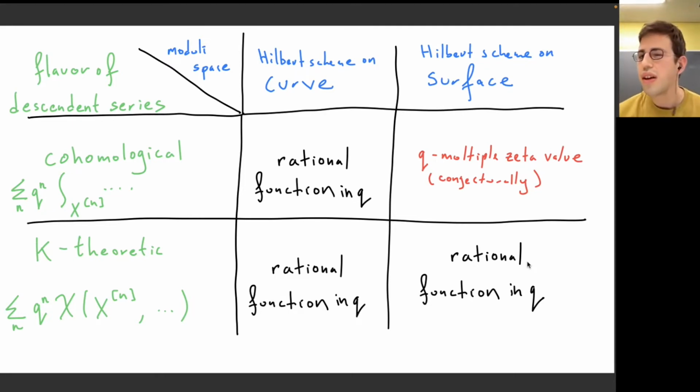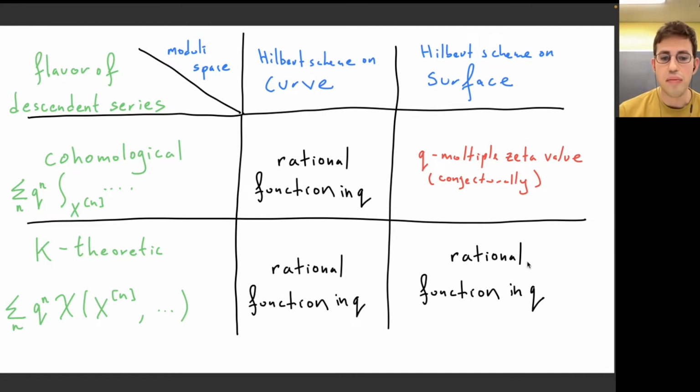I should also say this problem has also been studied for quot schemes on surfaces and quot schemes on curves in many examples. And these, unlike the Hilbert scheme, are no longer smooth, so one has to study them by means of their virtual classes, but one can formulate the analogous virtual descendant series.